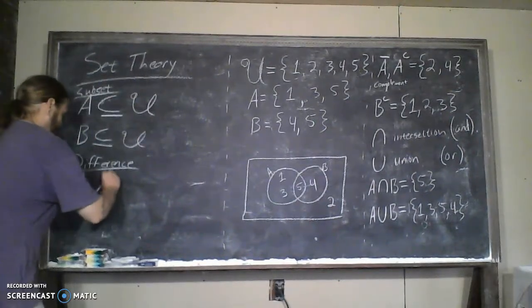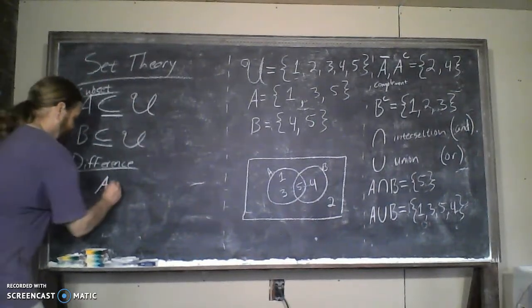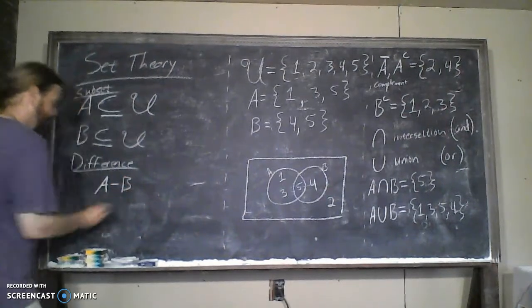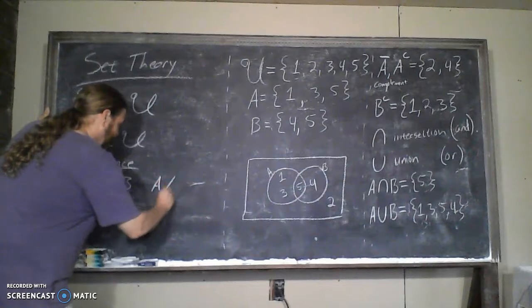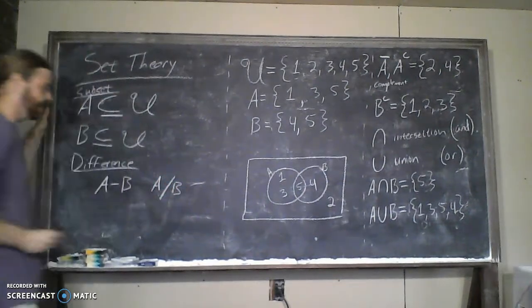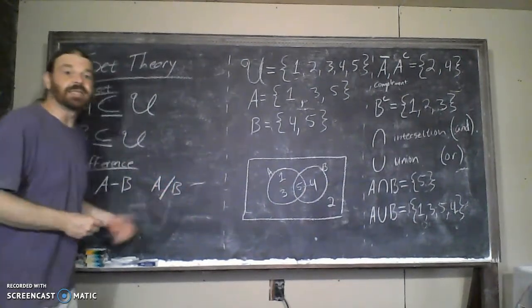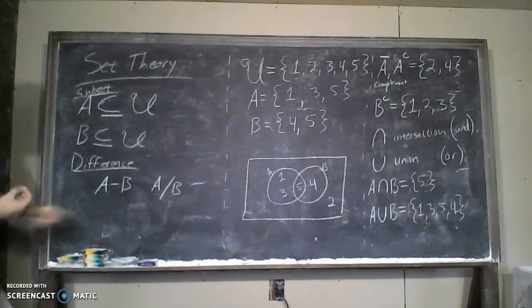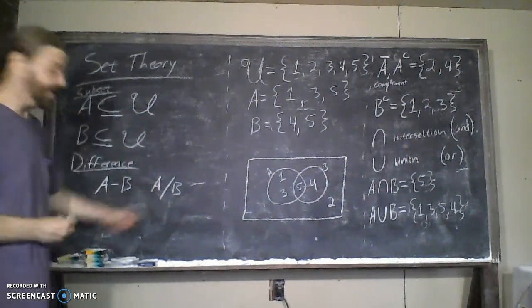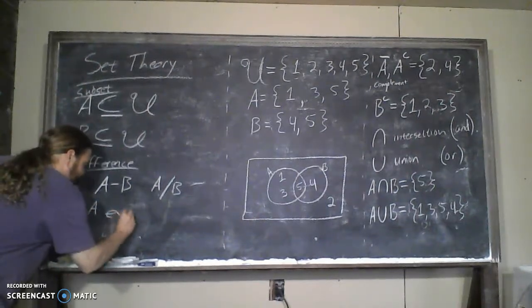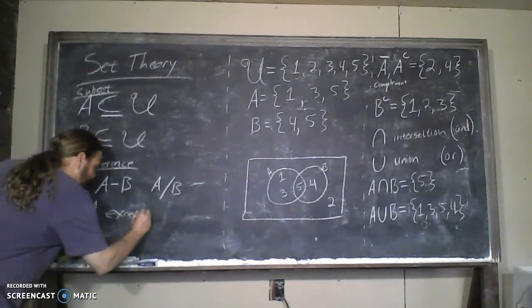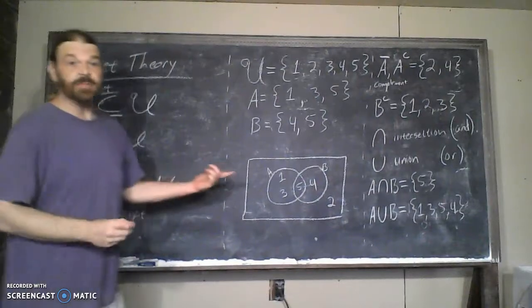So A minus B, or we might notate it as A slash B. The difference between the two sets. And what this really means is the set A, except the intersection of A and B.